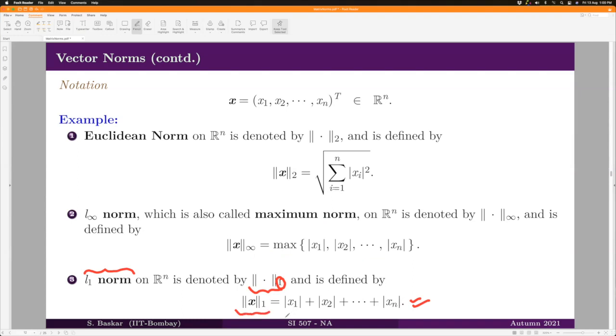Again, you can go back and check that all the properties of the norm are also satisfied by this formula. Therefore, this is also a norm defined on Rn. Well, we have defined the vector norm on Rn, and we have seen these three examples. In our course, we mainly fix these three examples and work in any problem that we are interested in. But in reality, you can define many more norms, but we are interested in only these three now.